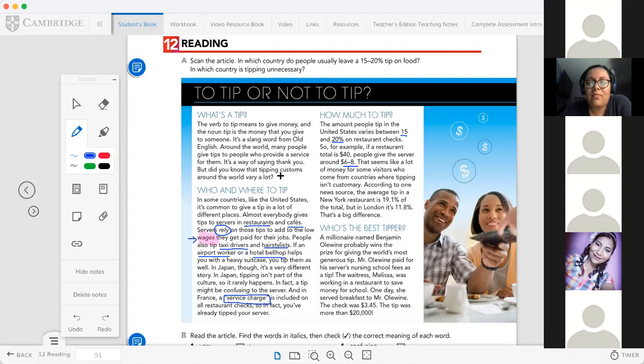That sounds like a lot of money for some visitors who come from countries where tipping isn't customary. According to one news source, the average tip in a New York restaurant is 19.1% of the total, but in London it's 11.8%. That's a big difference.